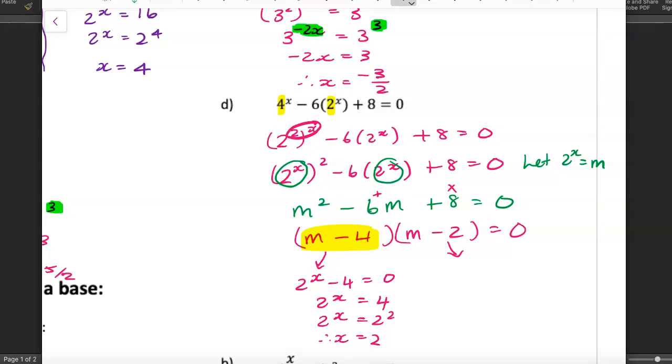Or my other solution, replacing the m back to 2 to the power of x, take 2 equals 0. 2 to the power of x is 2. That's 2 to the power of 1. So x could also be 1. And I have 2 possible solutions in this situation when I solve this exponential.